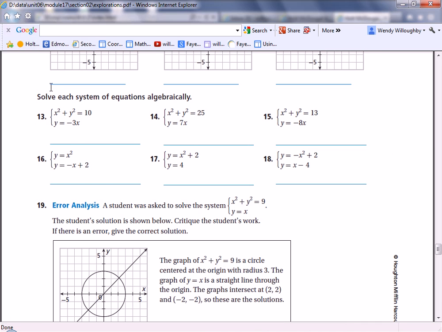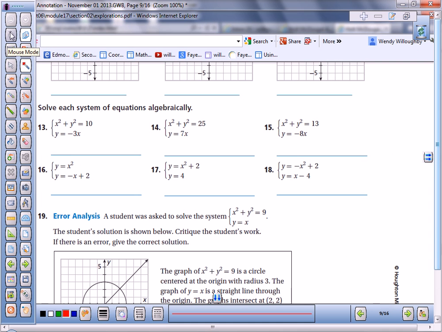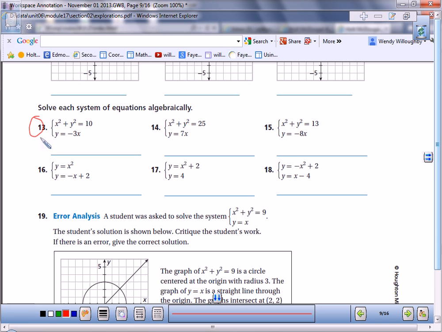Substitute in for y. So we get x squared plus negative 3x squared equals 10. So 10x squared equals 10.